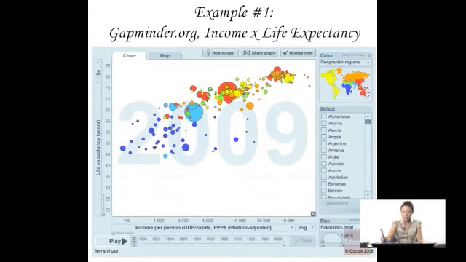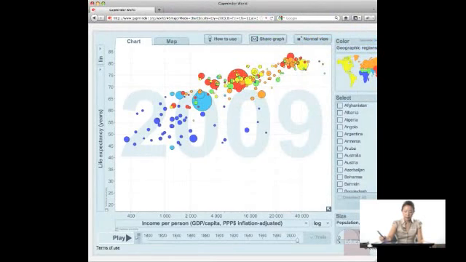I've already pulled it up on my browser. You want to click on, I think it's World, Gapminder World. I've actually clicked on Health and Wealth of Nations. And if you want to follow along, you could do that too.